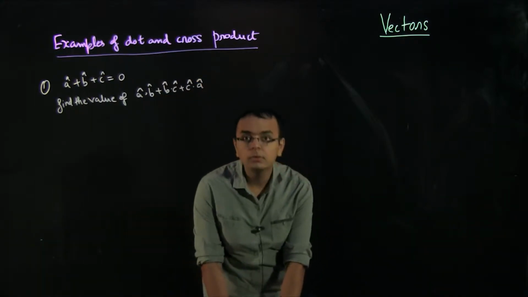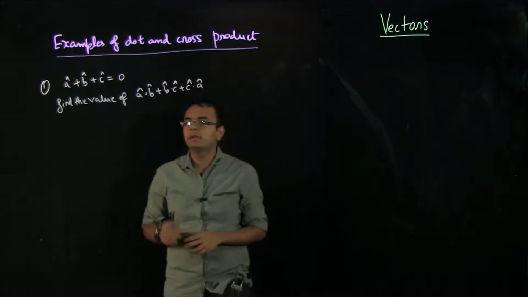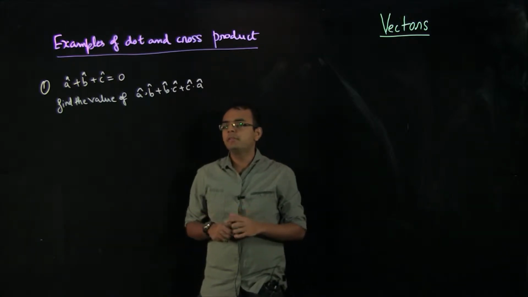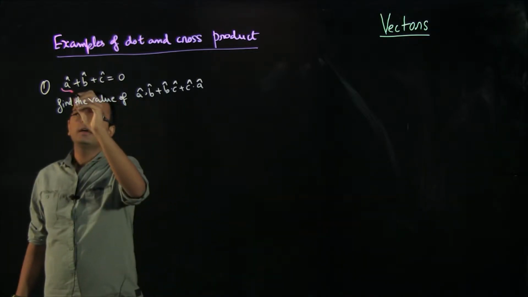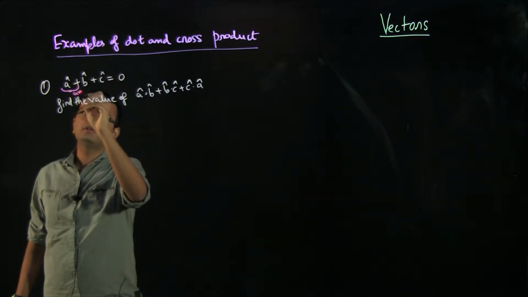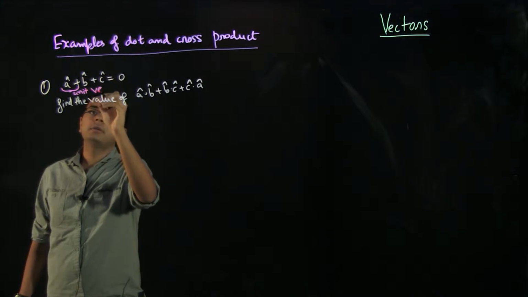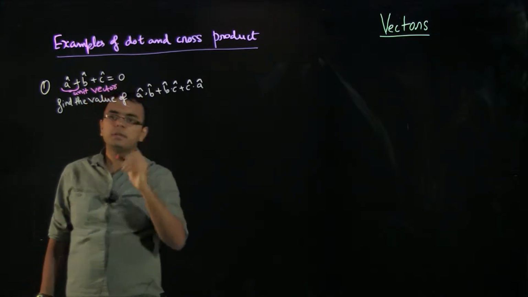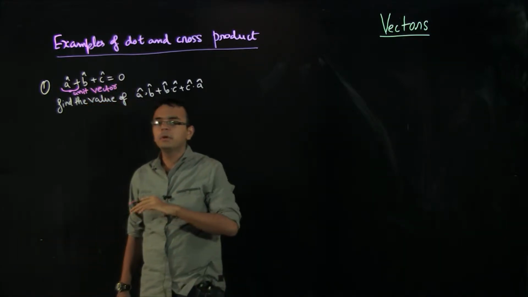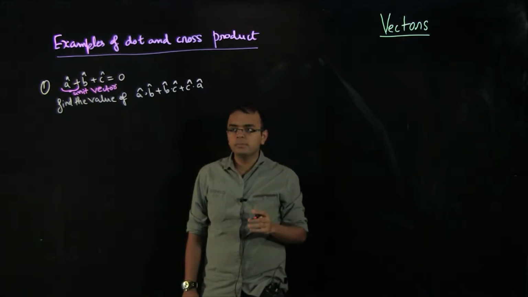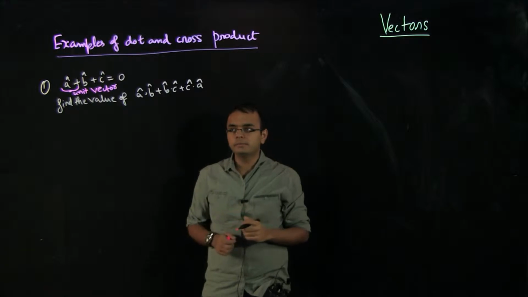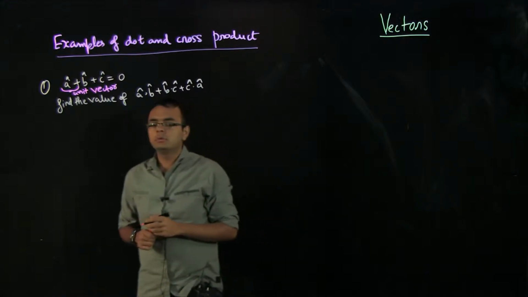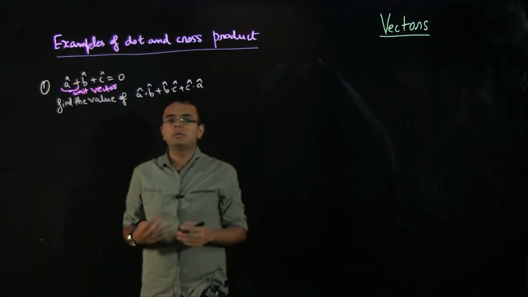So in this question, basically you have been given the relation, and of course naturally you have to recognize that a cap is a unit vector and b cap is also a unit vector. We have been told that the sum of these three vectors is equal to 0, and then we have been asked to find the sum of some of their dot products. So how to go about this problem, how to even start this problem?